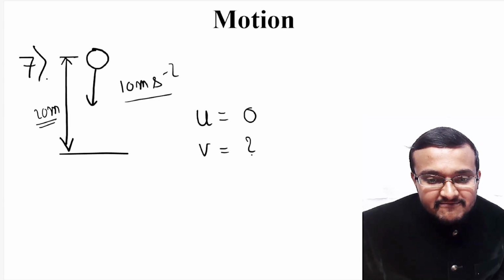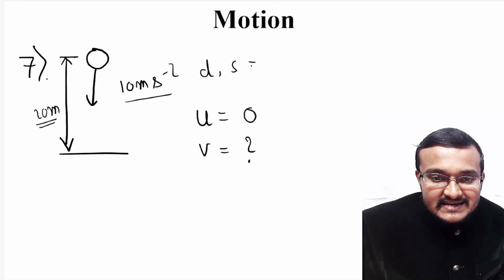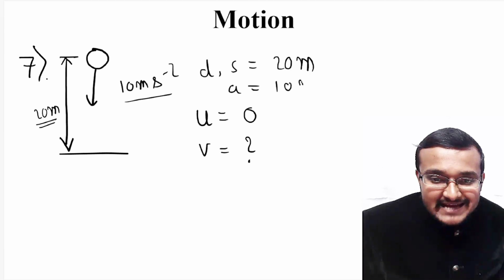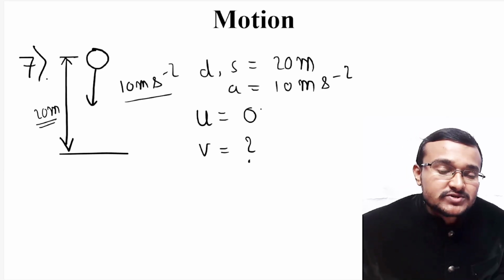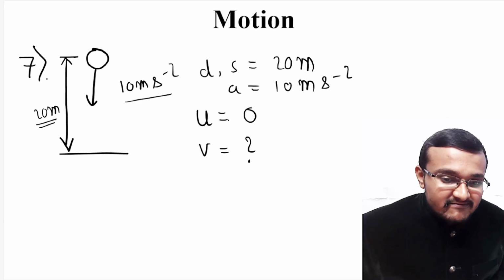Now we have to calculate the final velocity. The distance we can take as s, so s is equal to 20 meter, and acceleration is 10 meter per second square. Everything is in SI units, so directly you can substitute these values in the equations of motion.